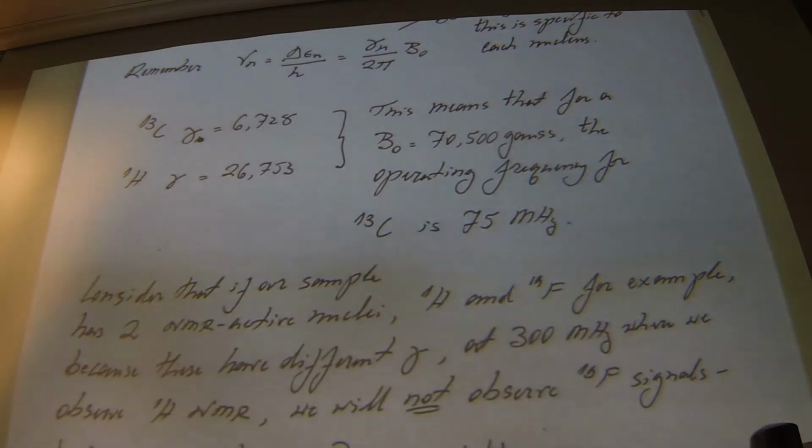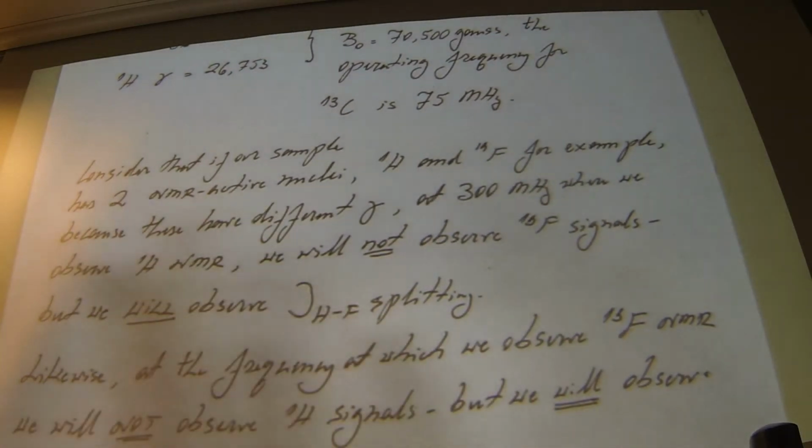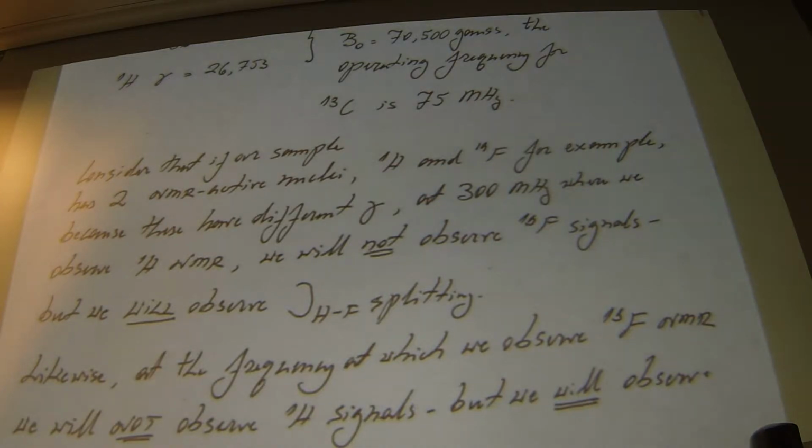Okay, now, I said something about decoupling the protons from the C13. This is always going to be a problem if you have two NMR active nuclei in the same molecule. So let's say that you have protons and fluorines. Fluorine and proton absorb in different parts of the spectrum, so when you run the proton spectrum, you're not going to see the fluorine peaks.